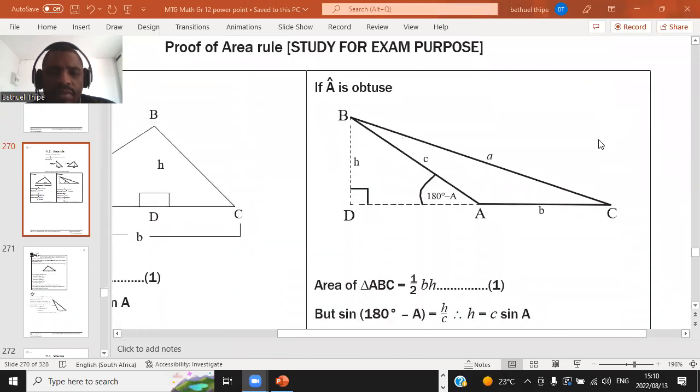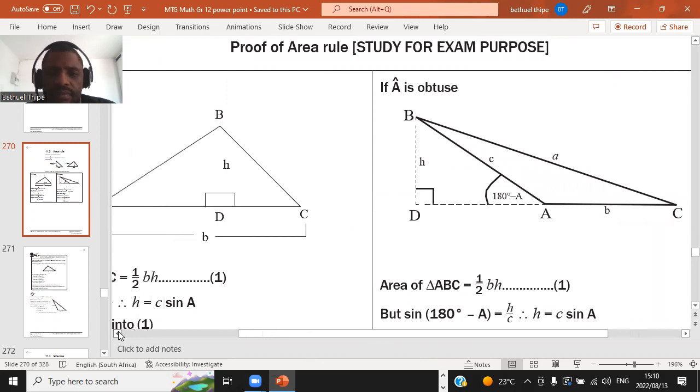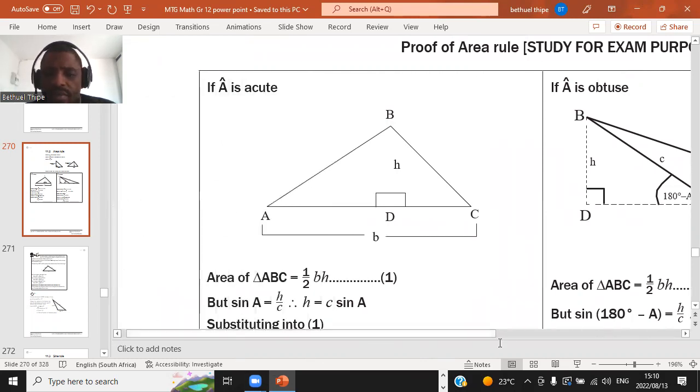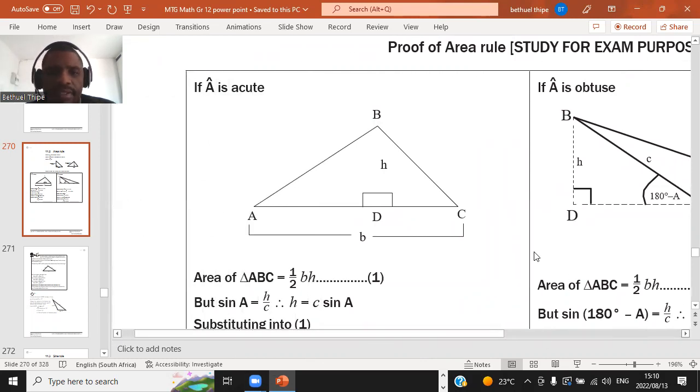So we have a few proofs here with regard to the area rule. I would like to start with this one on the left. Let me grab a pen so that we may be able to write.